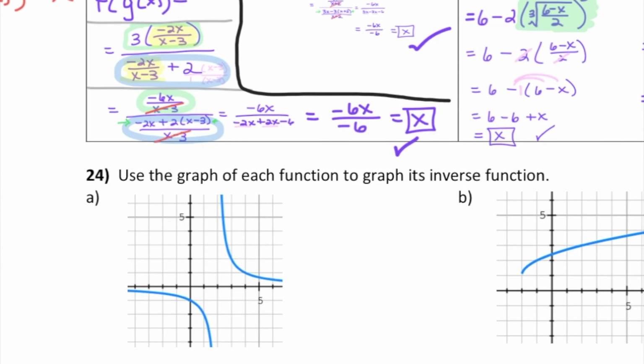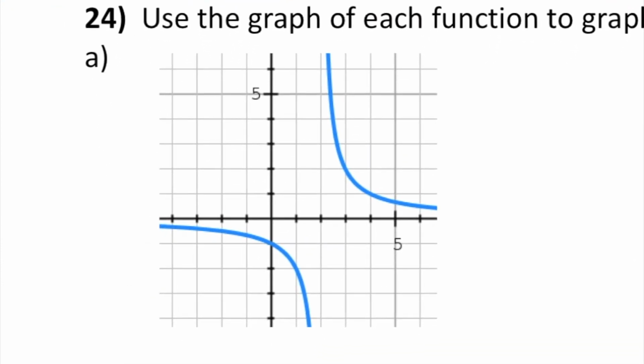So last but not least, you want to use the graph given to graph an inverse. And so here, I am going to look for places where the original function crosses easy points. Because remember that graphing an inverse is basically just exchanging x and y values.